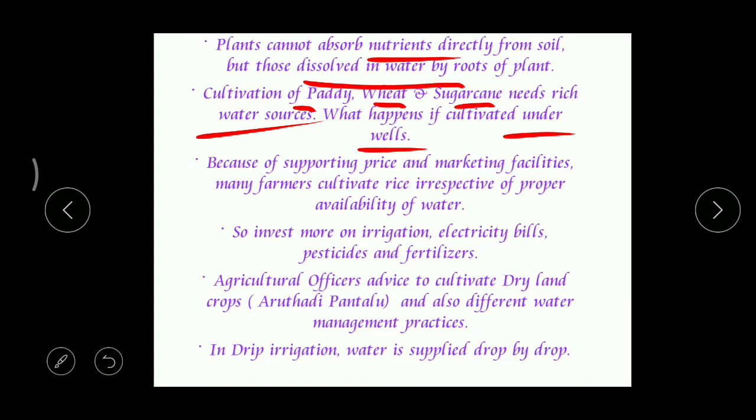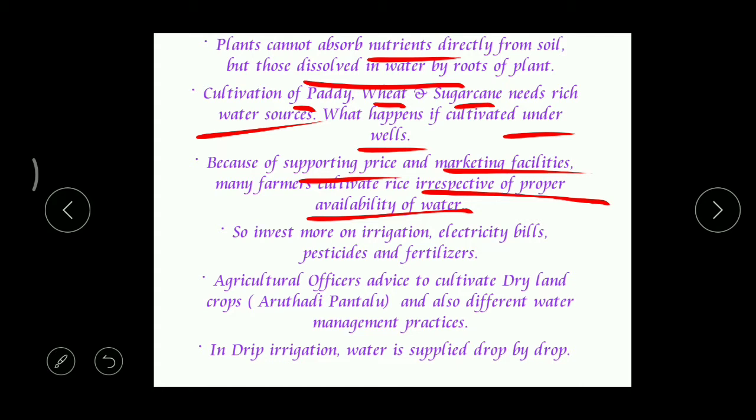Why are they cultivating only rice? Because of its supporting price and also marketing facilities. There is a great demand for rice in today's world. That's why most of the farmers cultivate rice irrespective of proper availability of water.